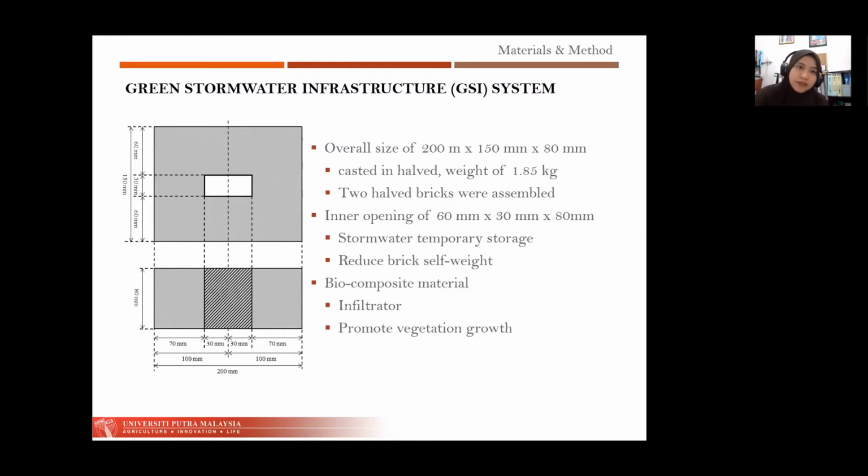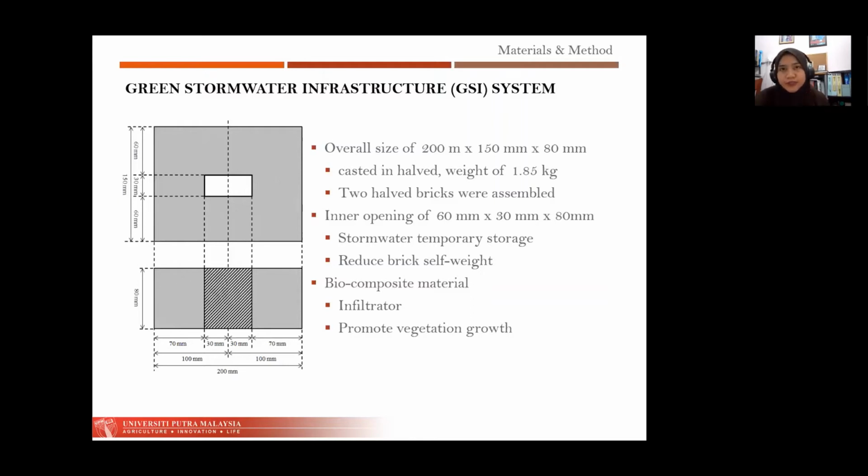And now we are going to look into the green stormwater infrastructure, or GSI system. This slide shows the proposed design of the GSI. The proposed model is an integrated model where the mortar brick is designed to have an inner opening acting as storage to elongate the surface runoff time.